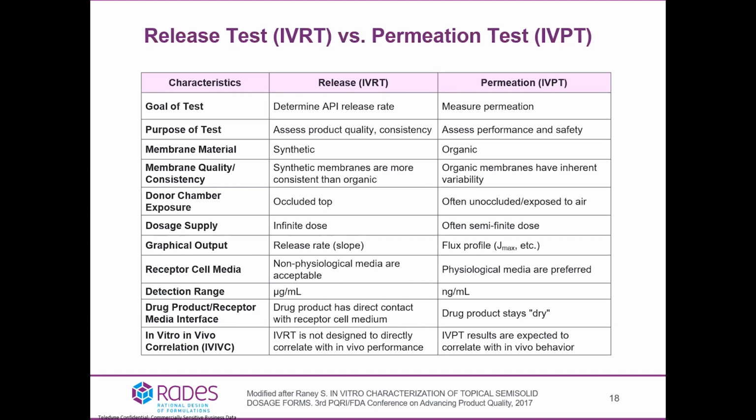Here, typically a transformation of the formulation into a secondary or tertiary formulation takes place. The graphical output is a release rate, the slope of a curve, for the IVRT and a flux profile for the IVPT. There are also some differences with regard to receptor cell media and the detection range.